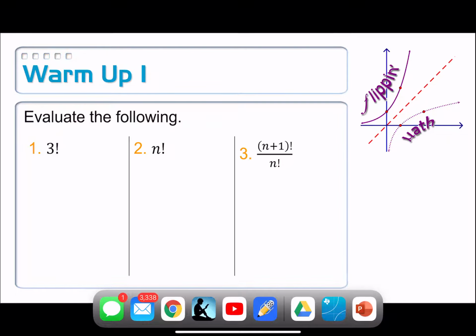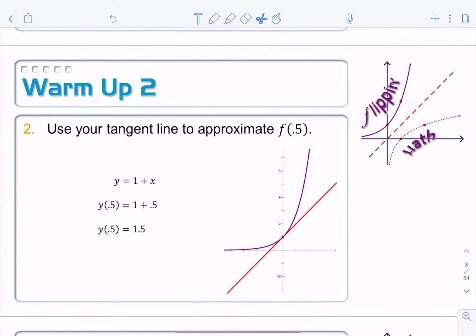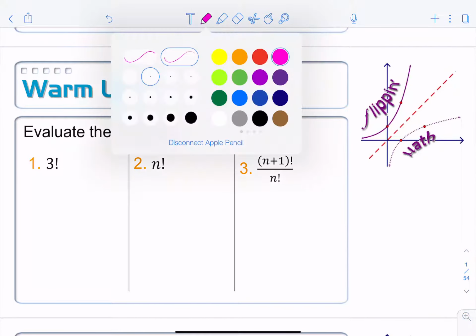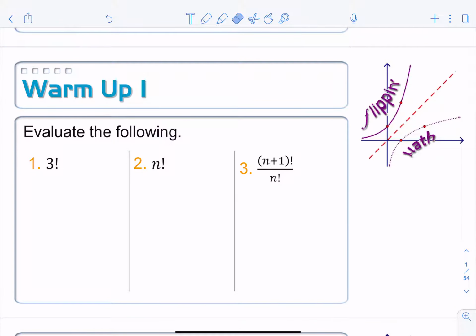So, for example, 3 factorial is the same thing as 3 times 2 times 1, which is 6 times 1, which is just 6. We will definitely recognize that quite a bit in this lesson and some future lessons.